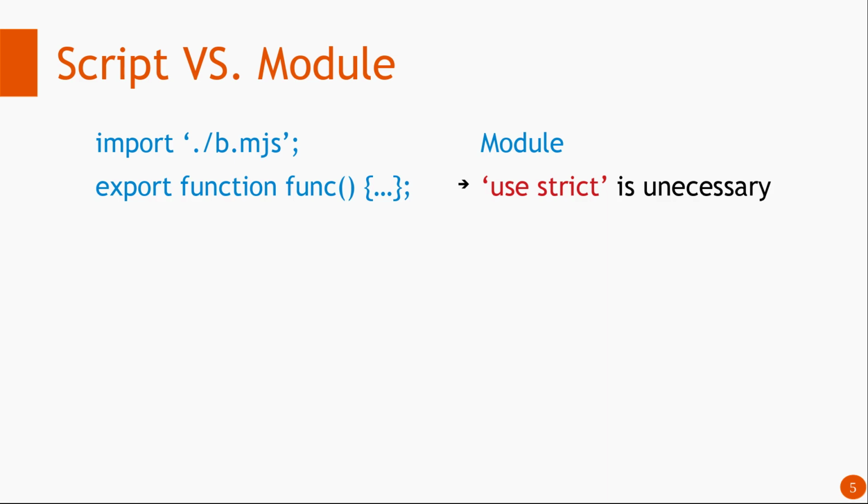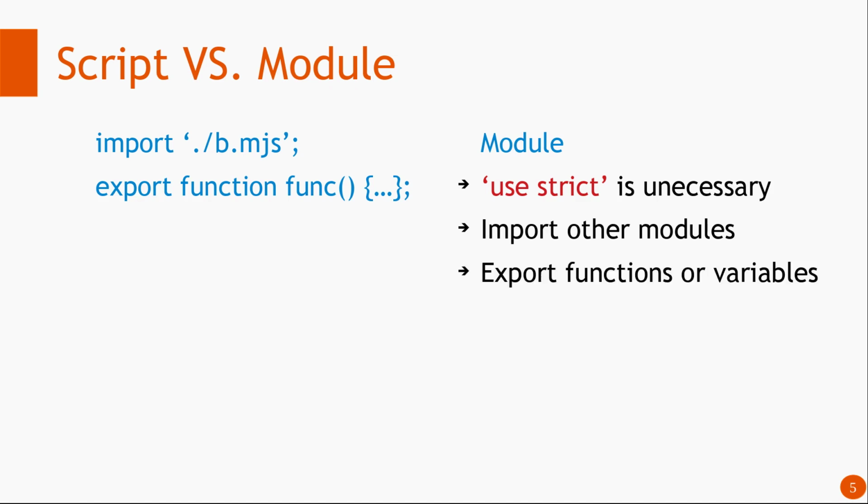Actually, if you put multiple use strict lines, there could be a warning, depending on the implementation. Of course, you can import other modules and export functions or variables. However, the most significant thing for a module is the lexical environment.